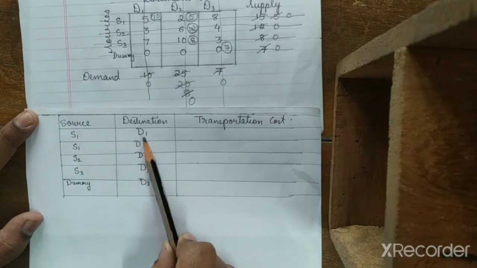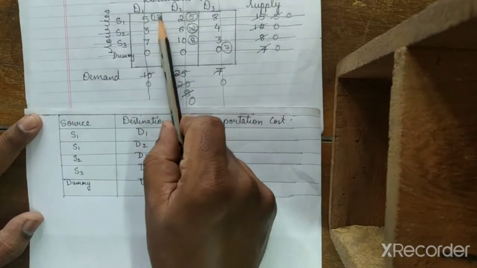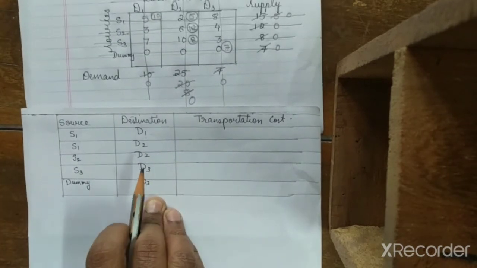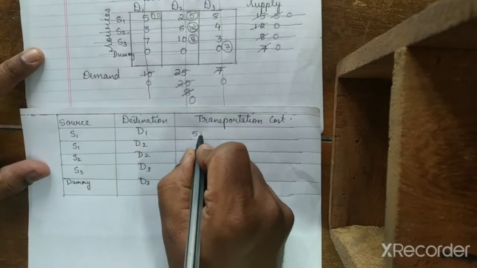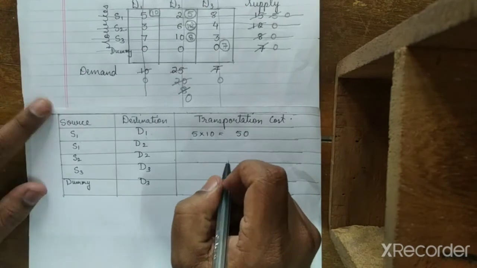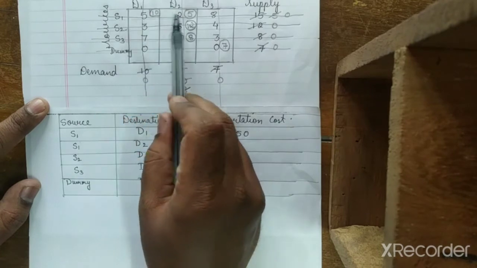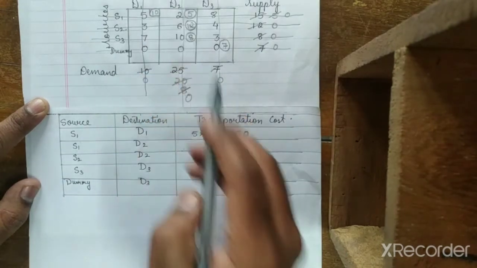What is the transportation cost here? 5 into 10 equal to 50 units. The next allocation is S1 to D2. What is the transportation cost? 2 into 5.